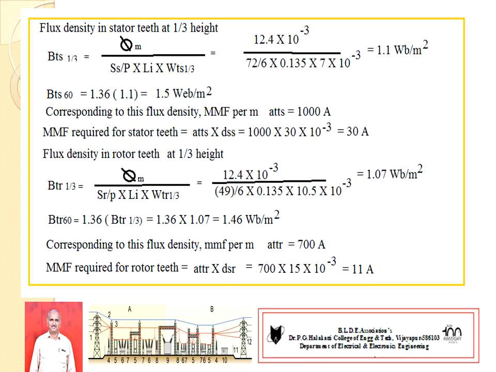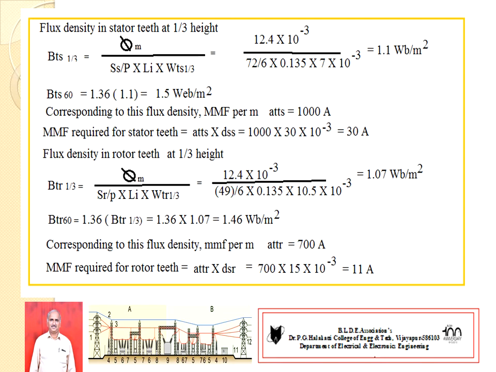You substitute the value, we are going to get 1.07 Webers per meter square. Finally you convert to 60 degrees from interpolar axis. So BTR 60, multiply by 1.36, we are going to get 1.46 Webers per meter square.